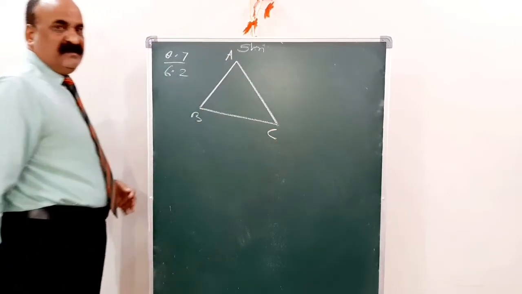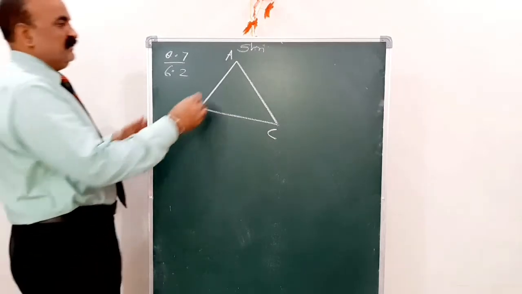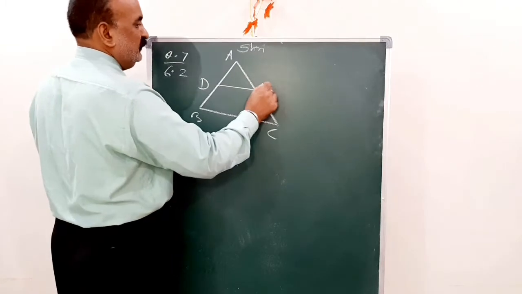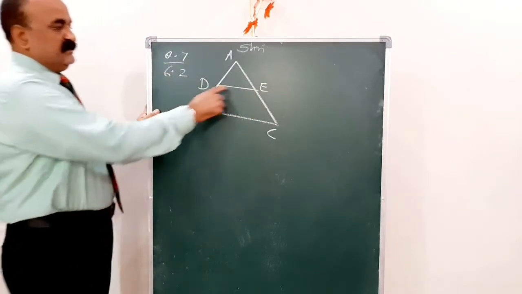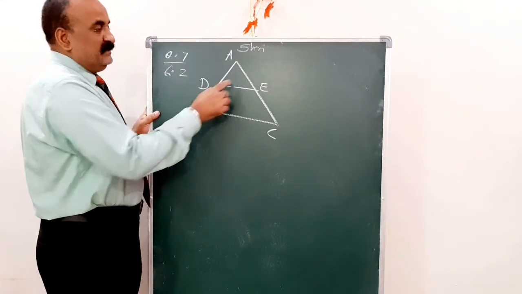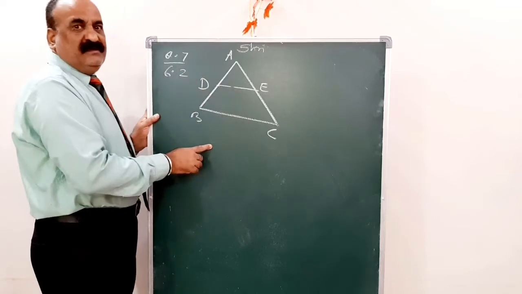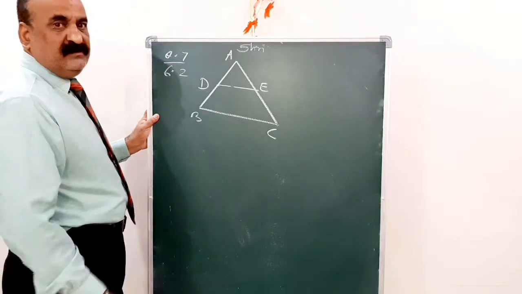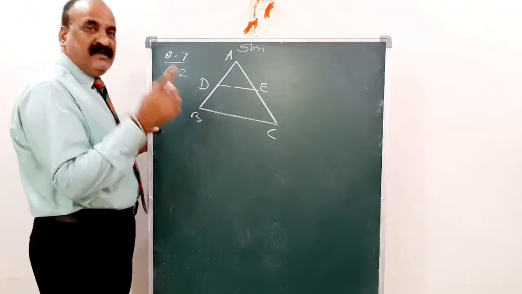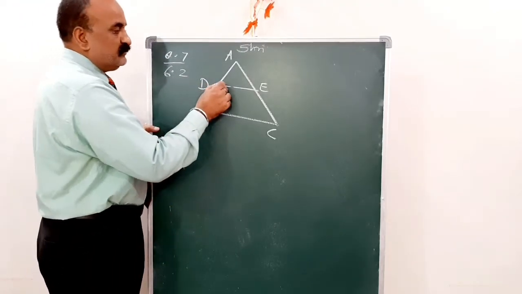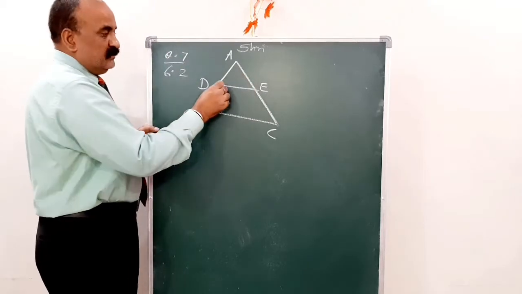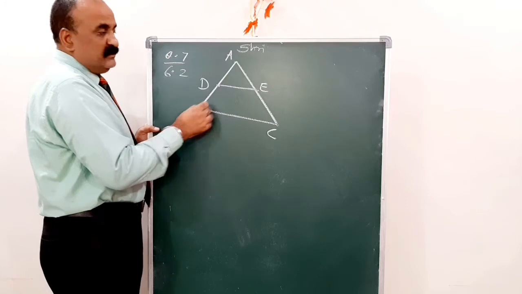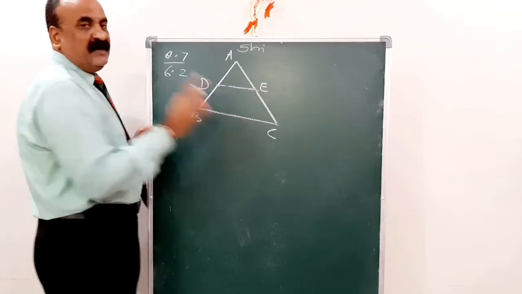ABC is a triangle, and DE is parallel to BC and DE is half of BC. This is the midpoint theorem which you have studied in class 9th. So now we have to prove by the Thales theorem that if you draw a line through the midpoint D of AB parallel to the third side, it bisects the other side.